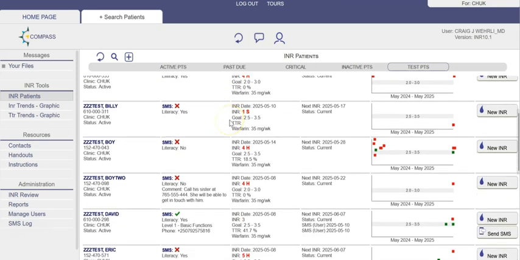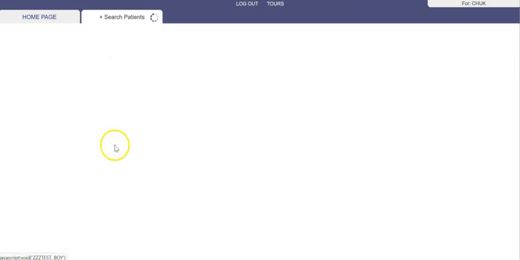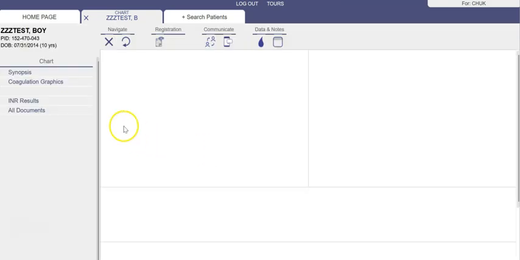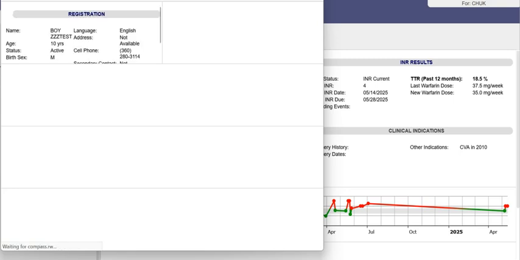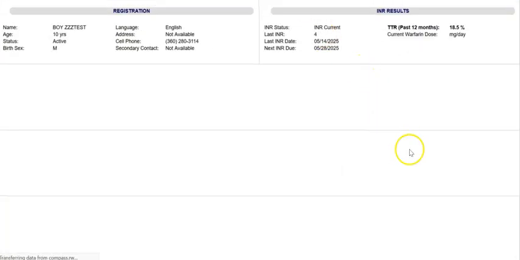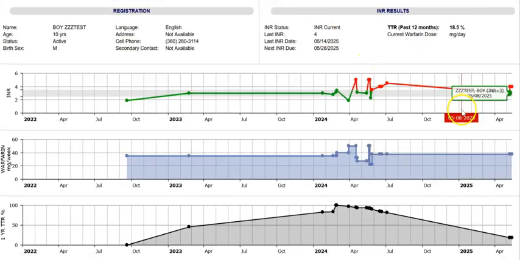Let's use another example. So here's a complex patient. And in this case, the patient's data extends back farther than a year.